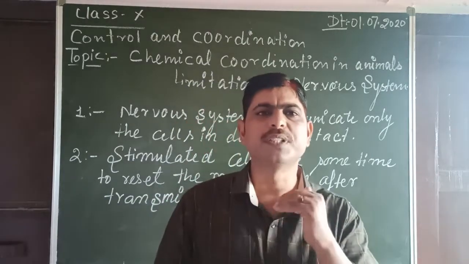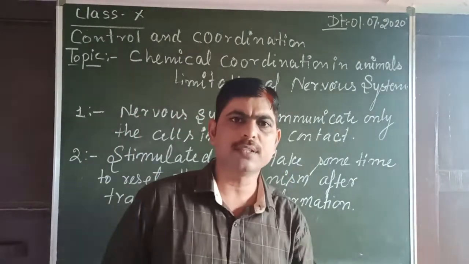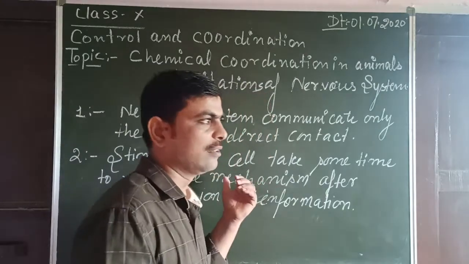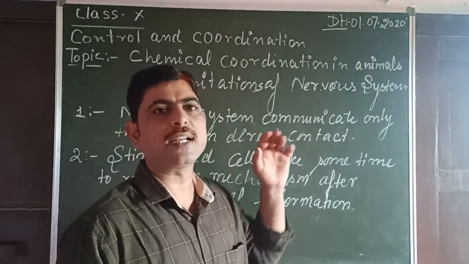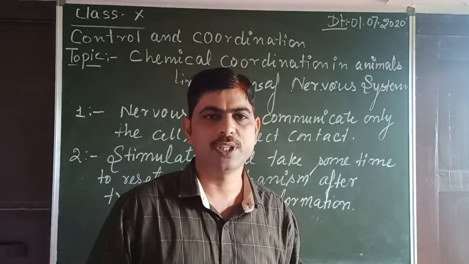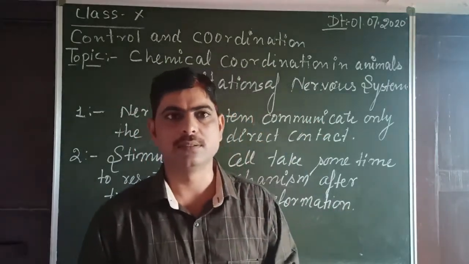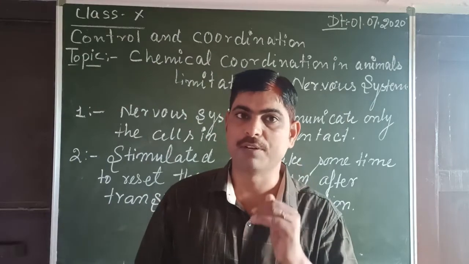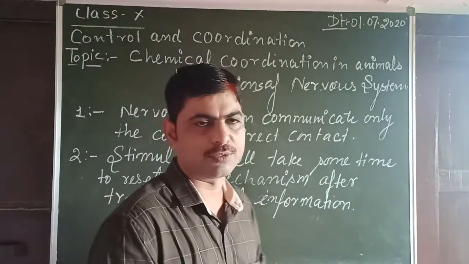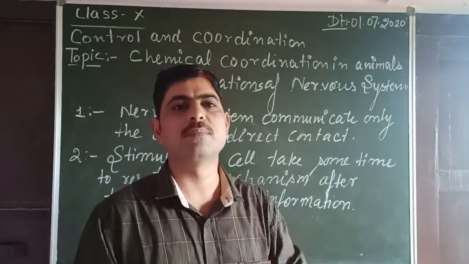However, there are some limitations: the nervous system communicates only to those cells in direct contact with it, and the cell that generates and transmits the message needs some time to reset. For example, suppose you got angry, you take some time to cool down. Similarly, the cells, after generation and transmission of messages, need to reset their mechanism.